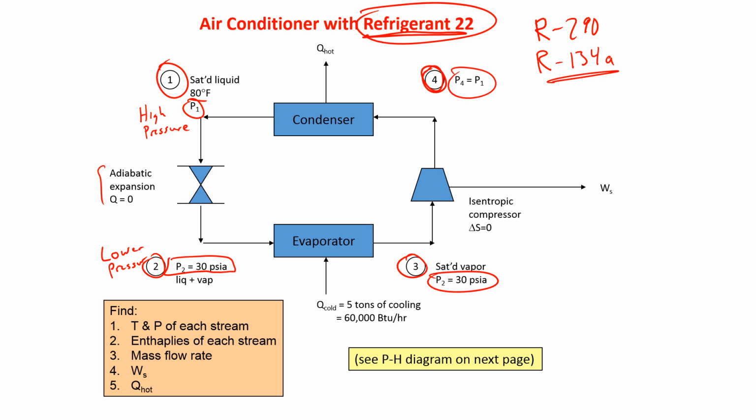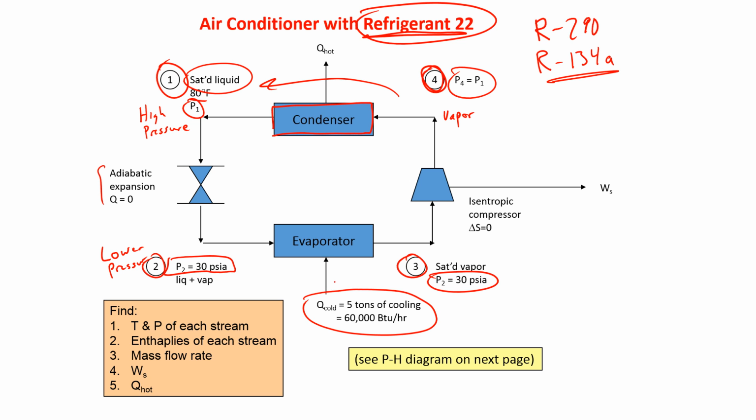But in between those, between 1 and 4, we have a condenser. This is going to be a vapor, and then we're going to cool it down to a saturated liquid, so it's going to condense this vapor into liquid. Now on the bottom side, let's say we have a warm home or a warm car and we want to cool it off.